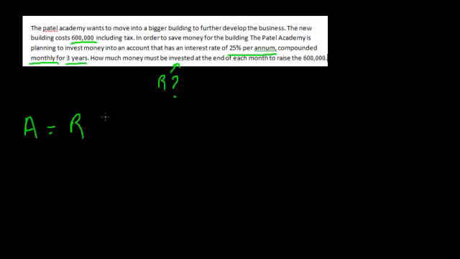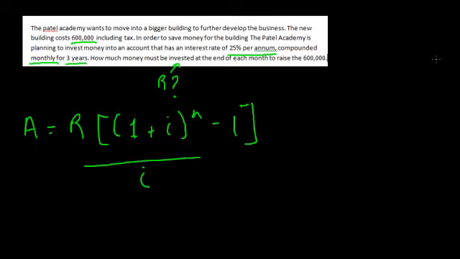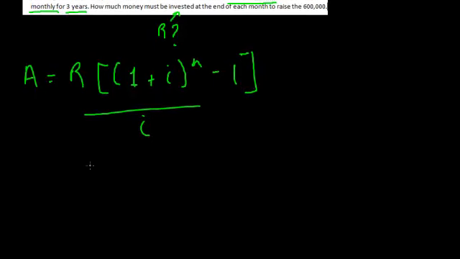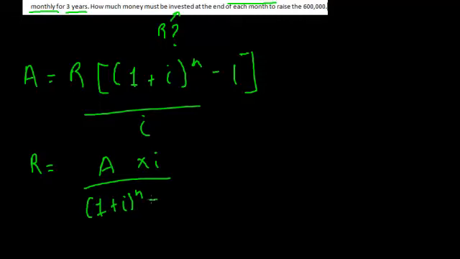A equals R into 1 plus I to the power of n minus 1, over I. Now when we isolate for R, we get R equals A times I divided by 1 plus I to the power of n minus 1.